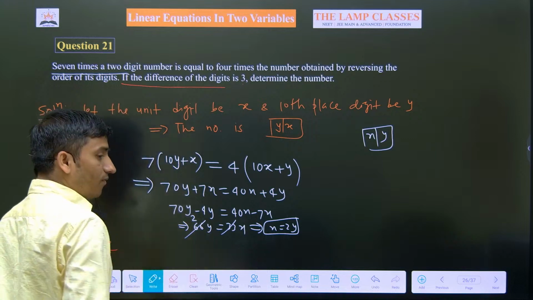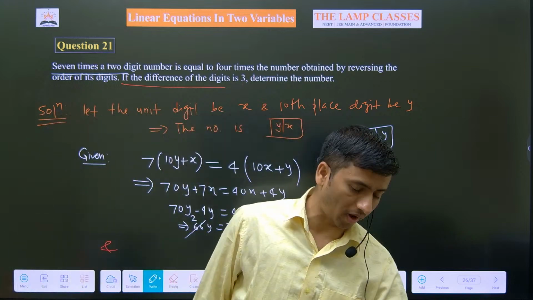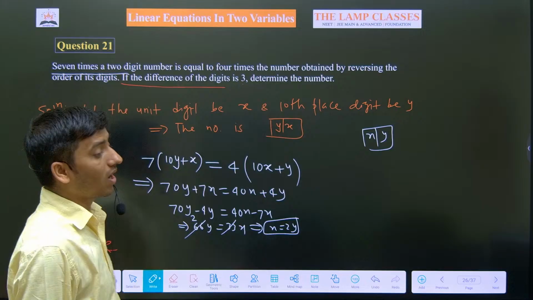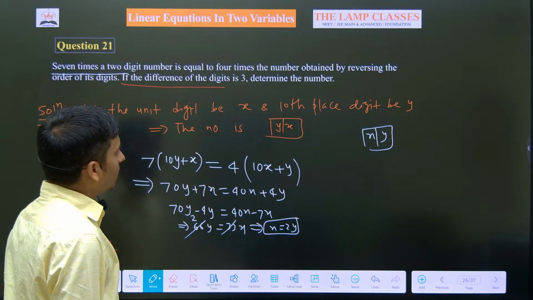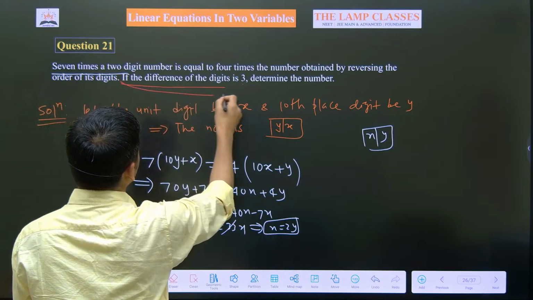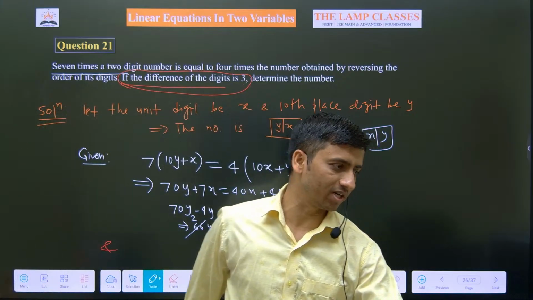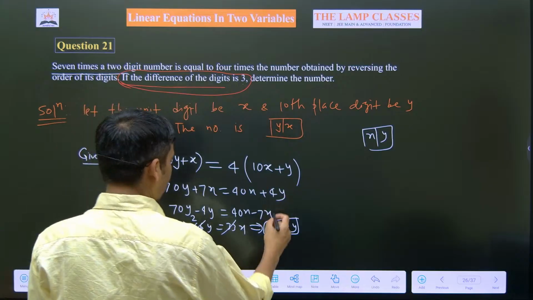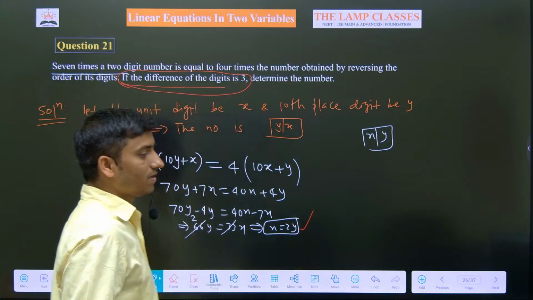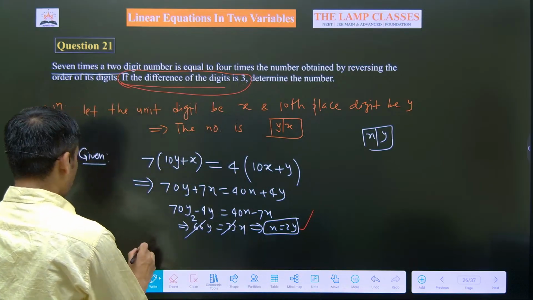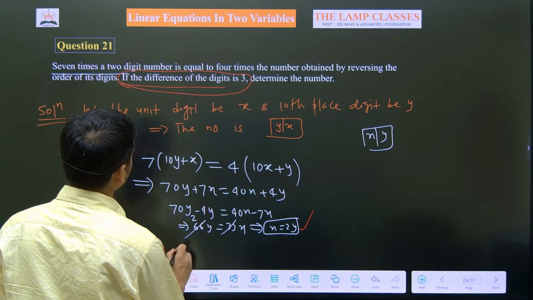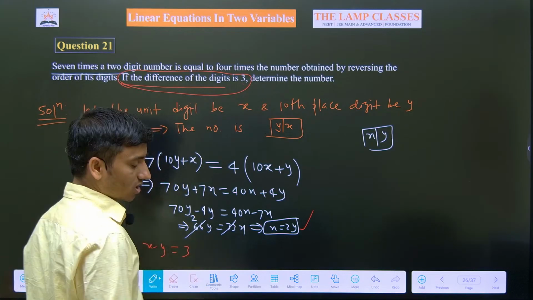So we have to directly take x minus y is equal to the given number, not y minus x. If we had framed the equation at the beginning, we wouldn't have any idea whether x is bigger or y is bigger. Luckily we have already got this equation which tells you which one is bigger. So x minus y is equal to 3, and y minus x is not 3.